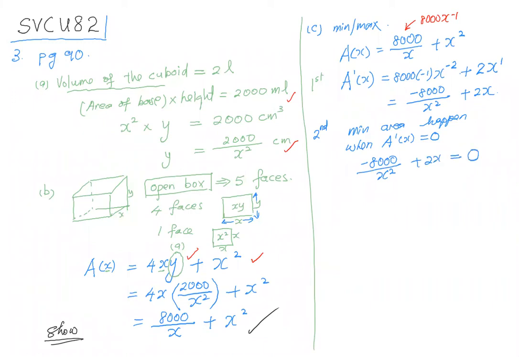You must be very obedient. You memorize, you obey the law. If you obey, you won't fail. Okay, next step, solve. So this is negative, I bring it to the other side. It becomes positive. So I cross multiply. So I have 2x cubed equal to 8,000.